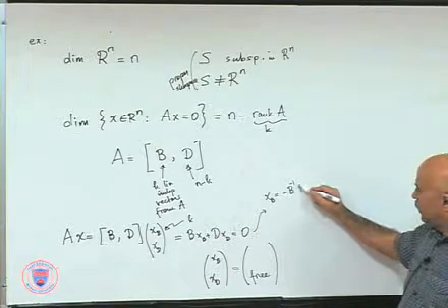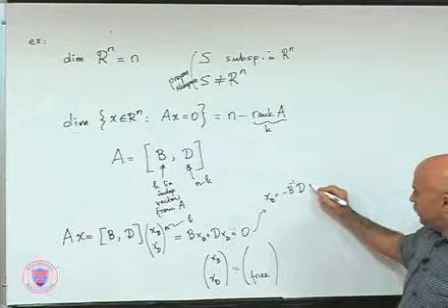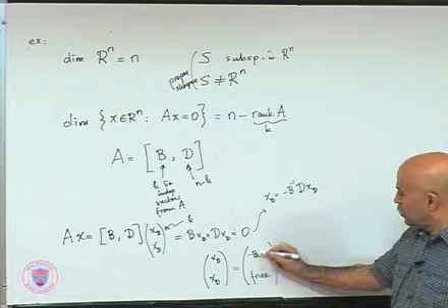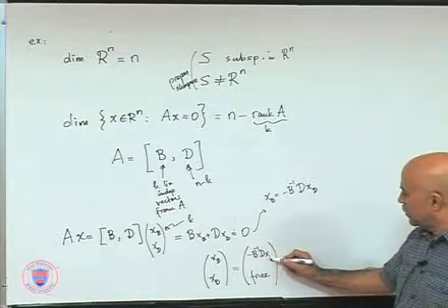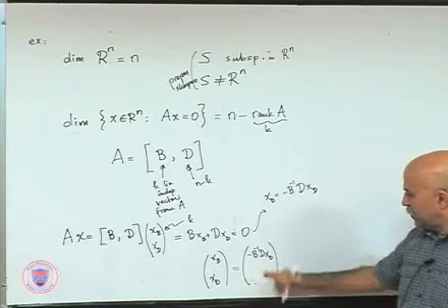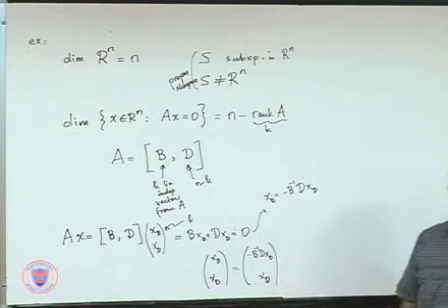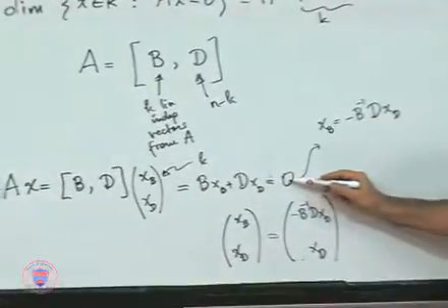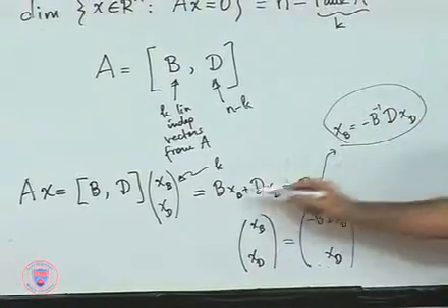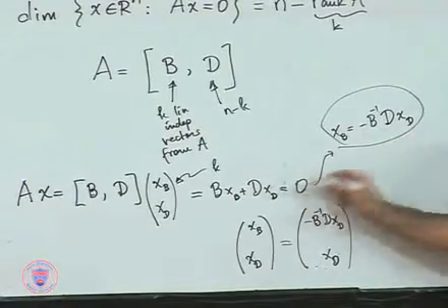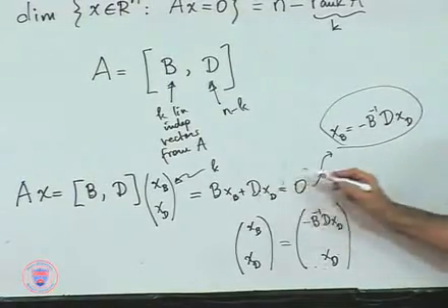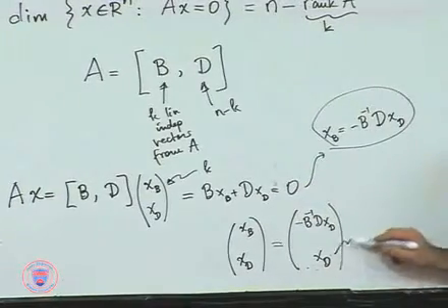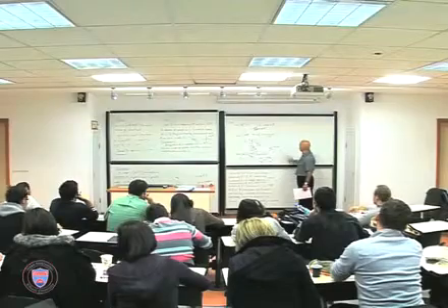So you've got that. So if you put minus B inverse D XD, for whatever XD, XD is free here, this will surely give you 0, because B times minus B inverse D XD will output minus D XD, and minus D XD plus D XD will give you 0. Okay? So here XD's are being freely chosen.